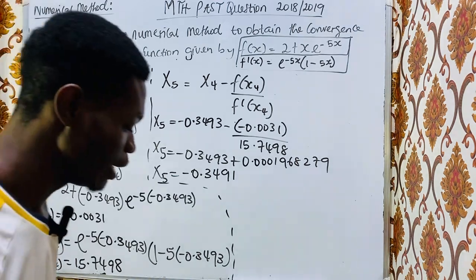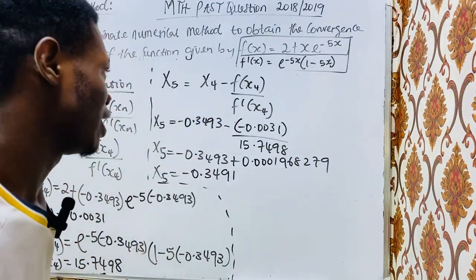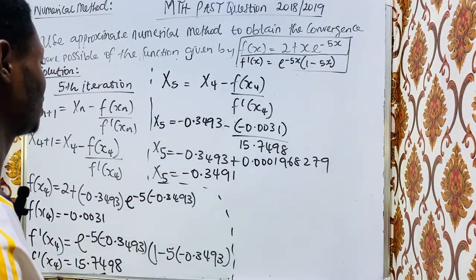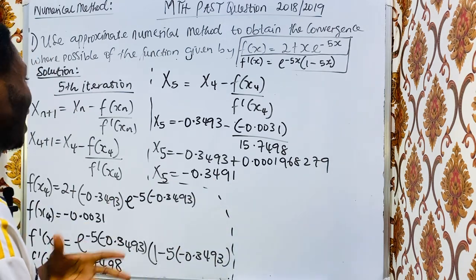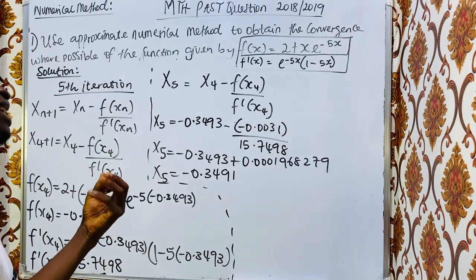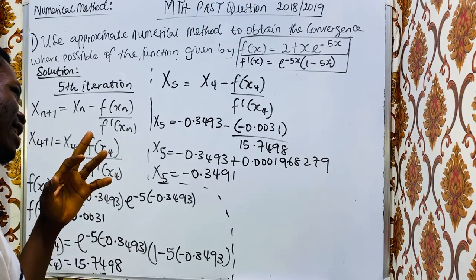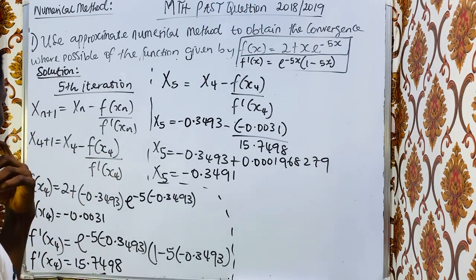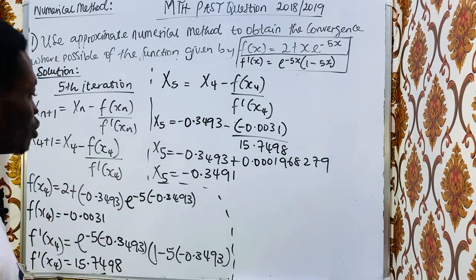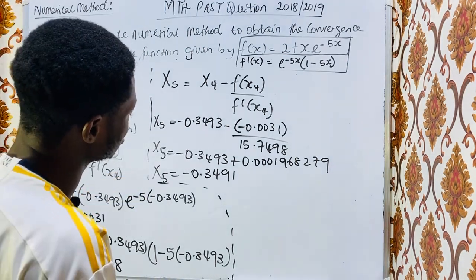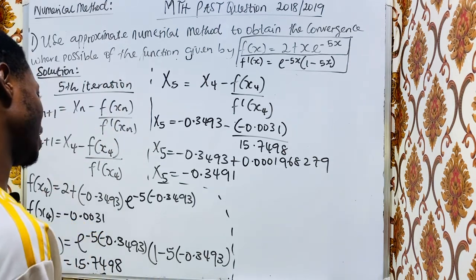So I'm supposed to stop this because we are getting 0.349 at least. I think in our x3 and x4, we are getting the same value. So let me just think of going for x6.